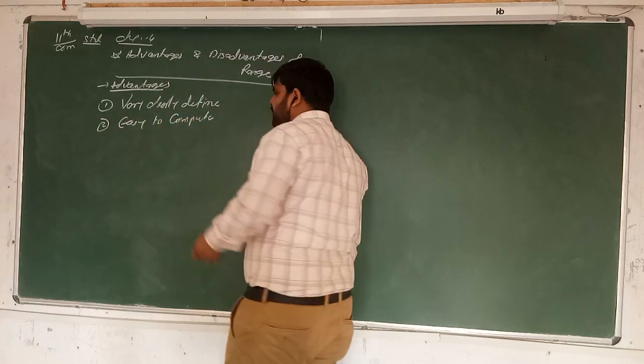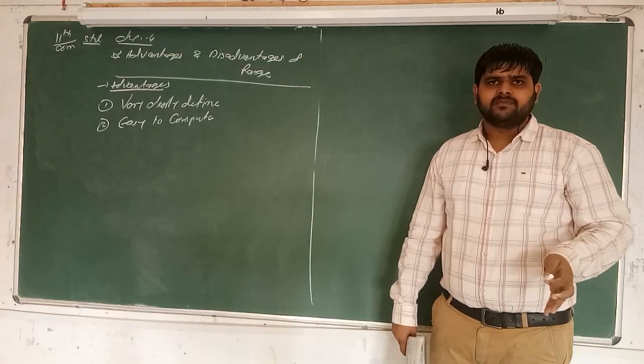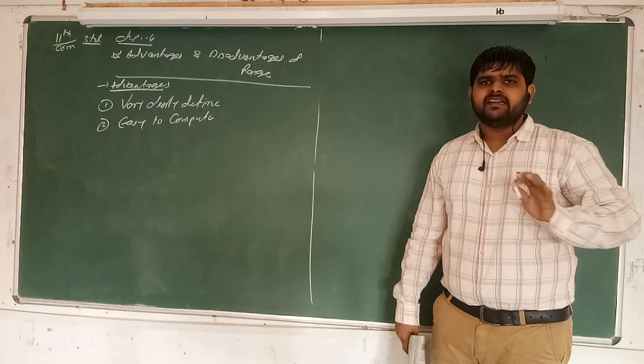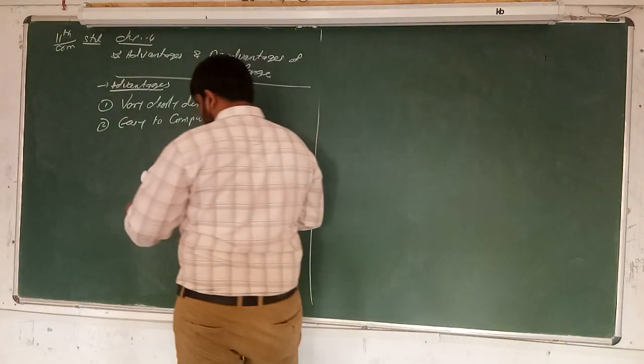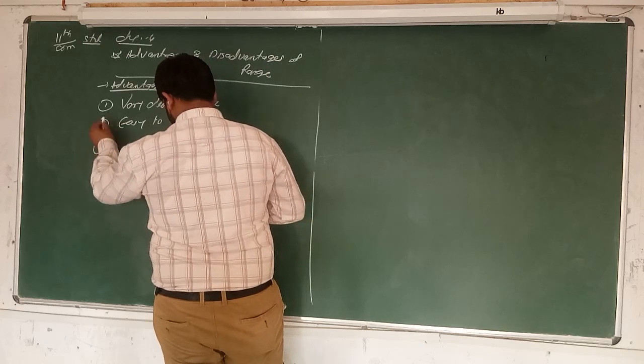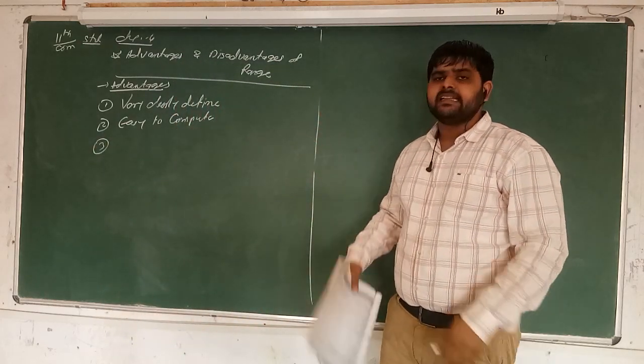How can we find it easily? Maximum value minus minimum value, so we can get the answer. Next, number three, range is a useful measure, especially when the variability among the observations of the data is less.